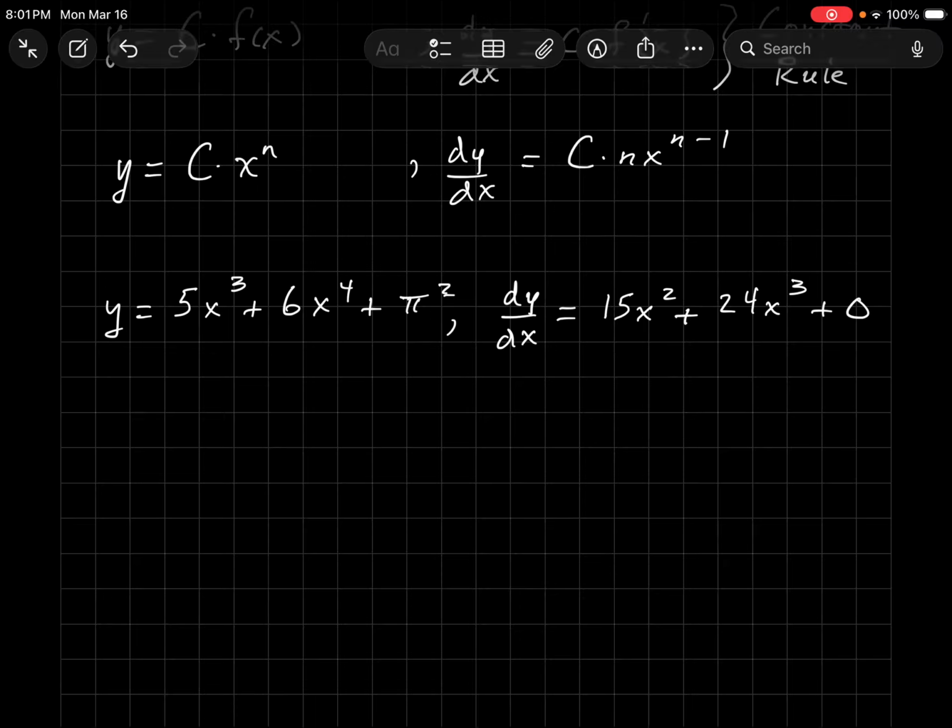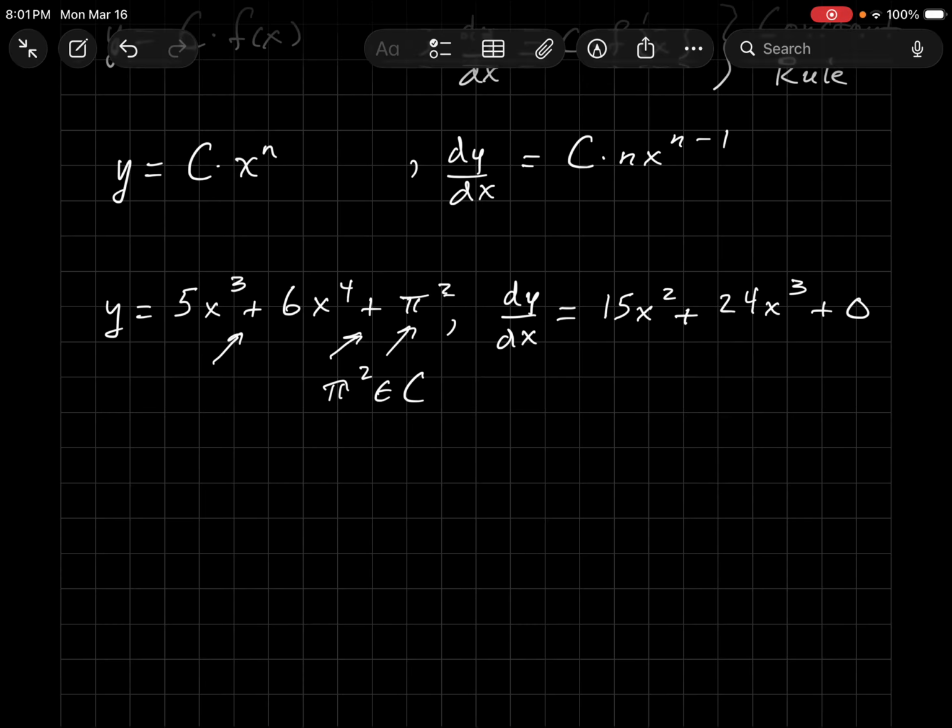Well, why is the derivative of pi squared 0? Well, that's because pi squared is a number, or a constant, and the derivative of any constant is 0. But the other part, look what happened when we took the derivative of the sum of different functions.